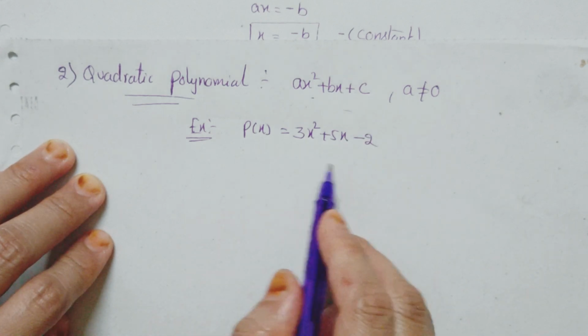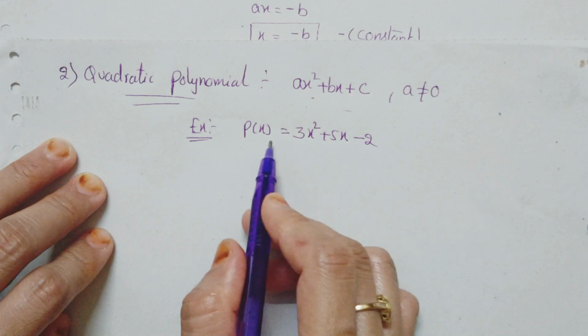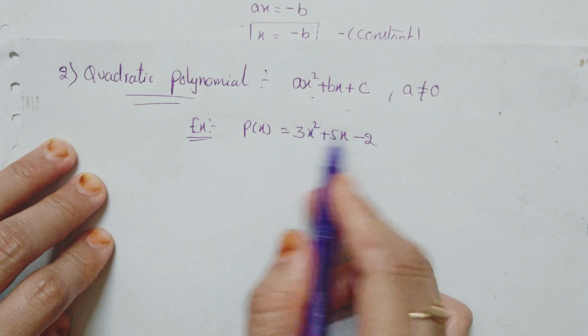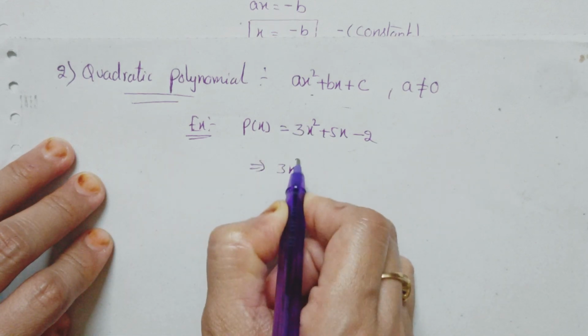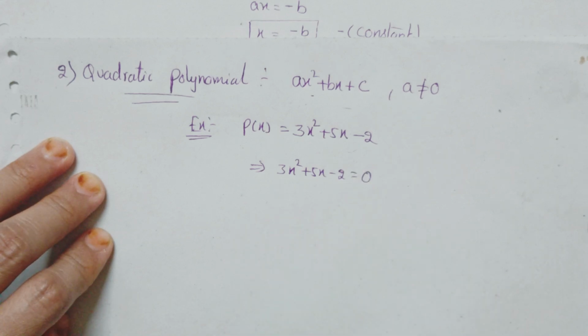This is the quadratic polynomial. I have to find the zeros of this polynomial, so I am equating this polynomial to 0. Then 3x square plus 5x minus 2 equal to 0.